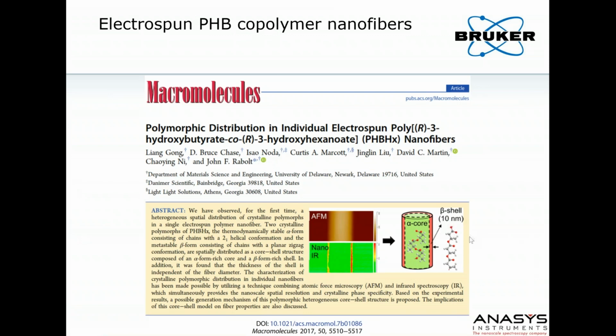Not only can we light up that layer, if we use polarized light, we only see the carbonyl when the light is polarized perpendicular to the fiber. So we can determine as well that the shell is made up of beta-like chains where the carbonyl groups all point away from perpendicular to the fiber core.